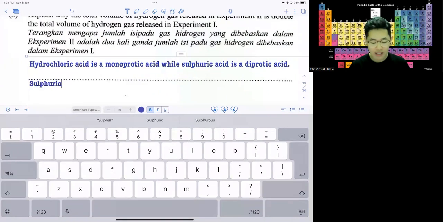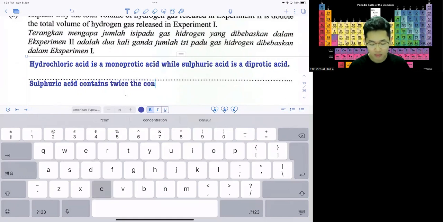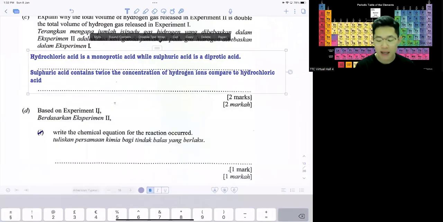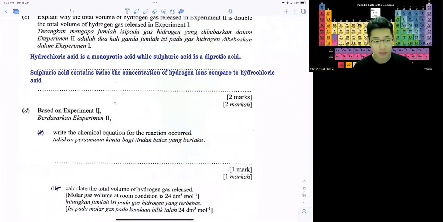So sulfuric acid contains twice the concentration of hydrogen ions compared to hydrochloric acid. 所以它比 hydrochloric acid 多1倍的 hydrogen ion. Okay, twice, 2 times more hydrogen ion than HCl. That's why it's able to produce more hydrogen gas.